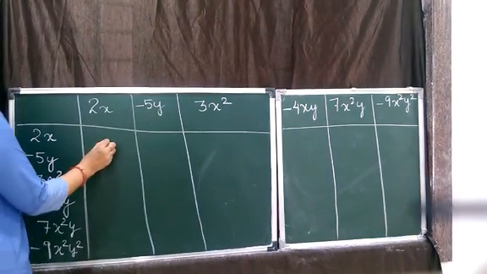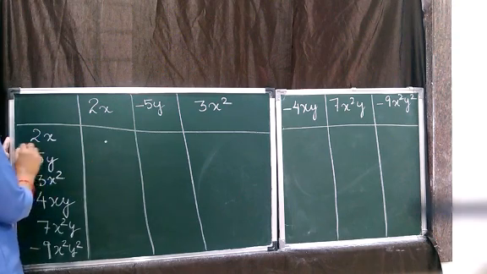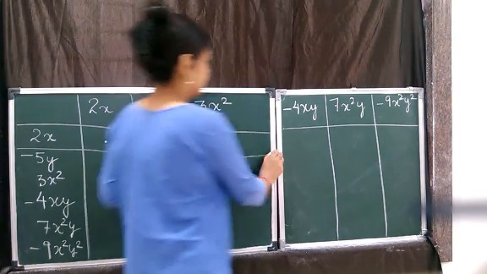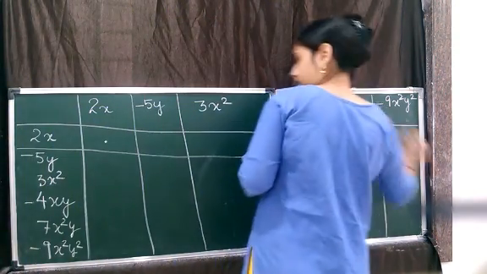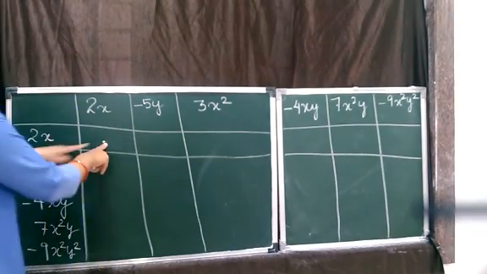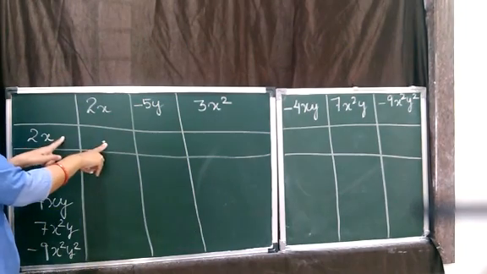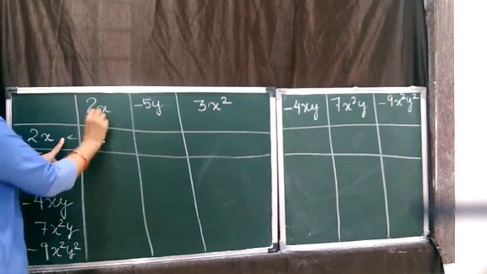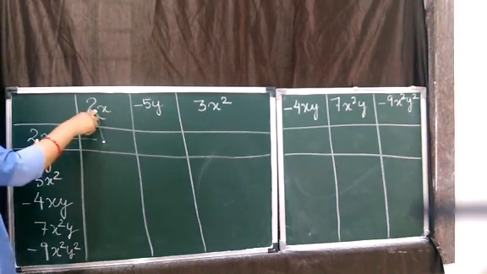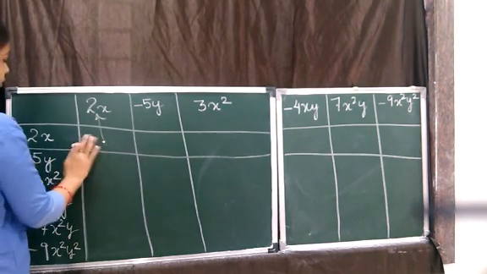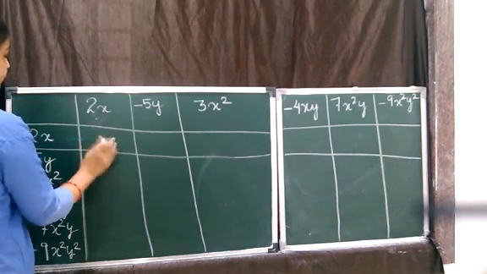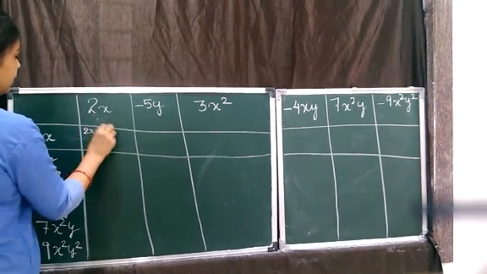Children, very simple. For this box to be filled, we see it is connected to which row or column? That means 2x and 2x will be multiplied here. Okay, so very simple. 2x into 2x.